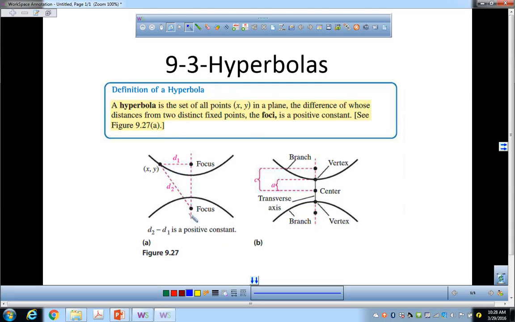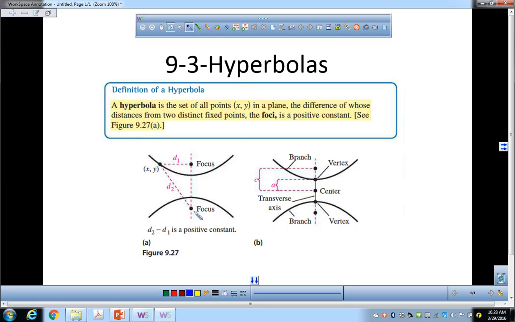With a hyperbola, you subtract this minus this, and when that difference is a constant, that gives you all the points on the branches. Each one of these is called a branch of the hyperbola, okay?